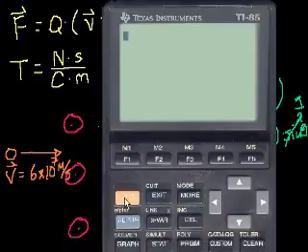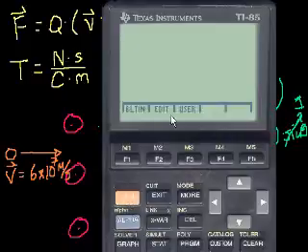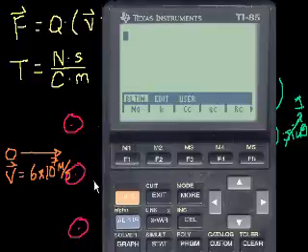If you press second and constant, that's second and then the number 4, they have a little constant above it, you get their constant functions, or their values, and you say the built-in. I care about the built-in function, so let me press F1. They have a bunch of interesting ones, this is Avogadro's number. This is the charge of an electron, which is actually the same magnitude as the charge of a proton. So let's use that.